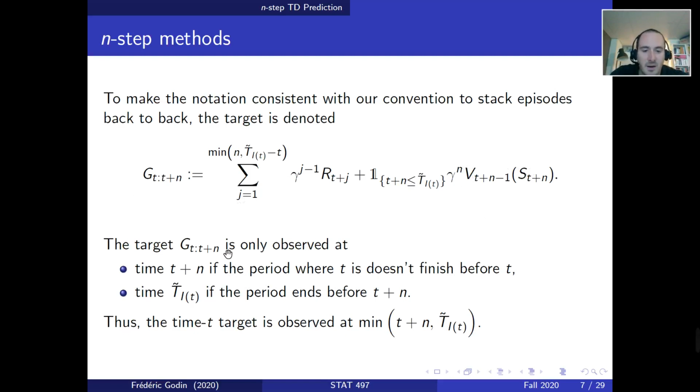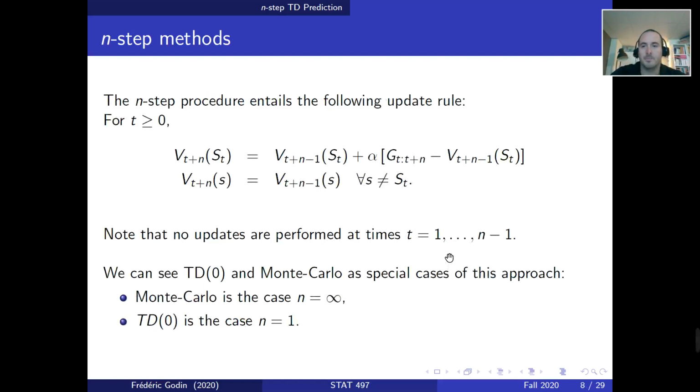Here, it is observed at the minimum between time t plus n, which is in n periods, or the time at which the episode ends. Okay, so again, to update our value function, we use a similar formula to what we did before.